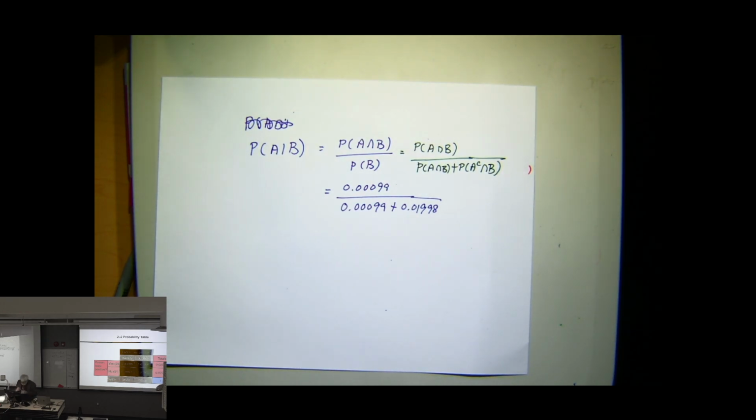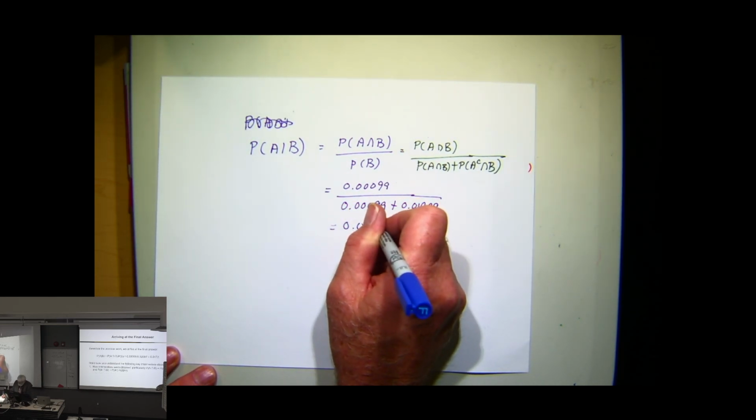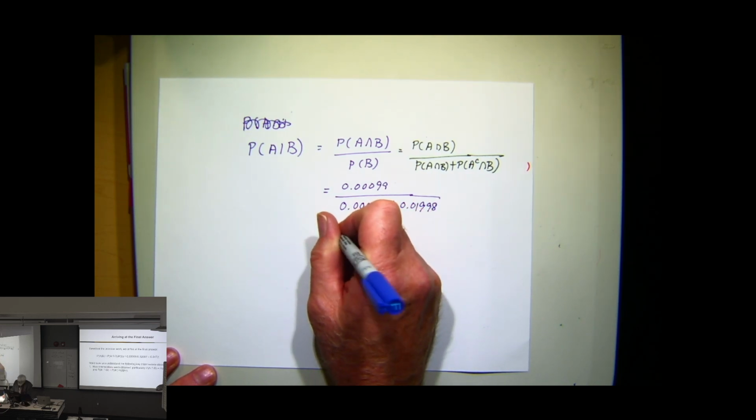I did. Okay. And when we work out that final number, you can verify it, that comes out to 0.0472, which is under 5%.